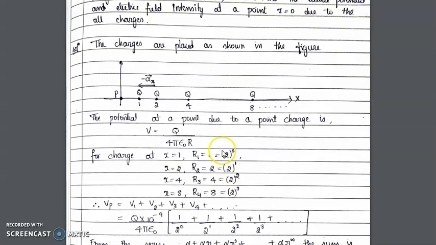Now, the total potential at point P due to all these charges can be written as the potential due to this charge plus the potential due to this charge, similarly adding up till infinity.